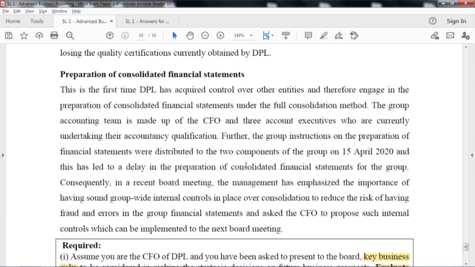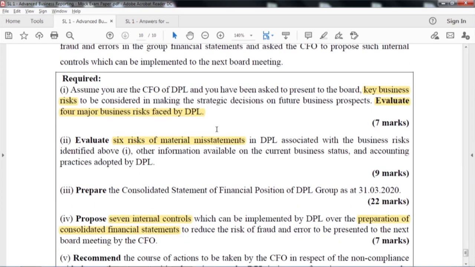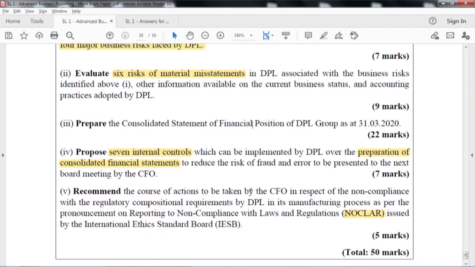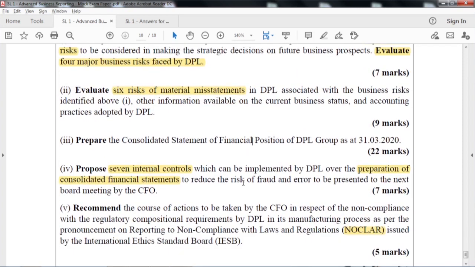And the last paragraph, preparation of consolidated financial statements, right. This is the first time the company has done this, and we know that there is a question that is Roman 3, right. So, then we can write this point, sorry, not this, yeah, 7 internal control.